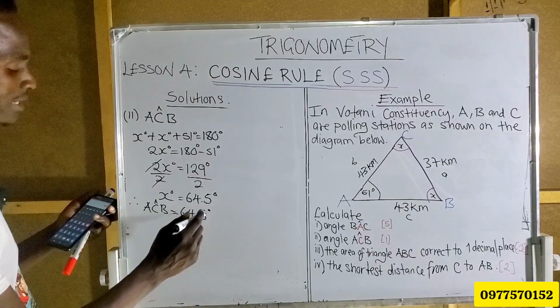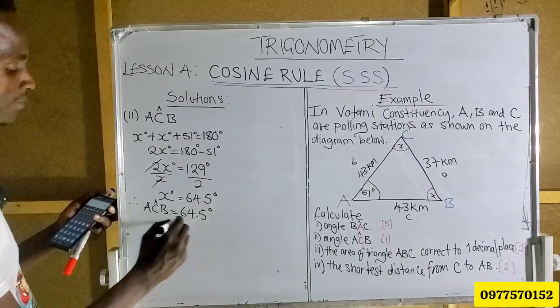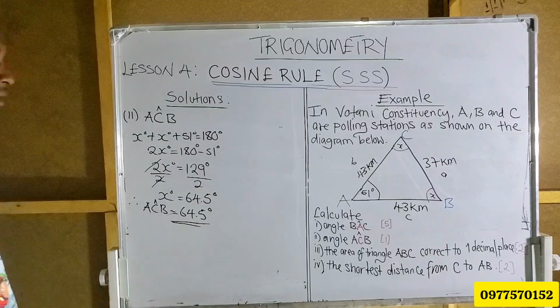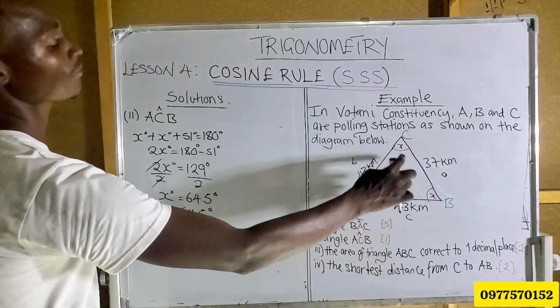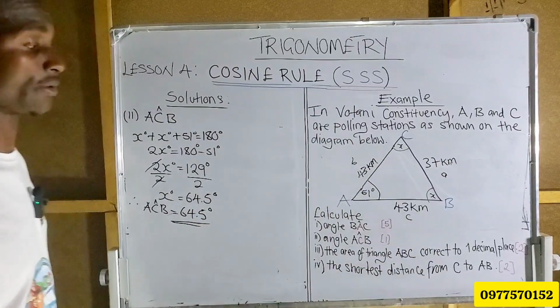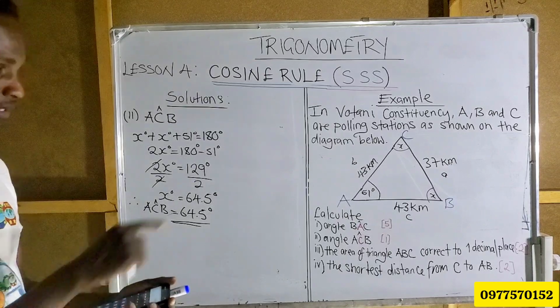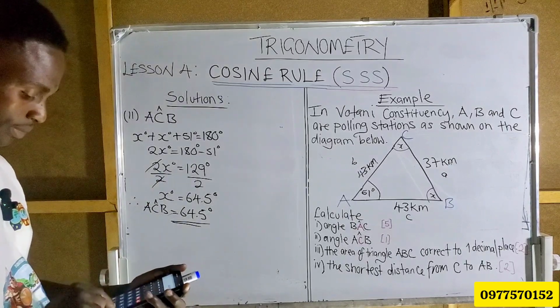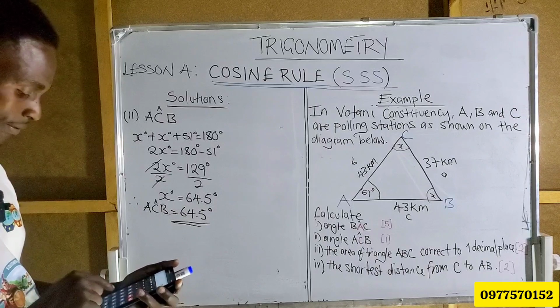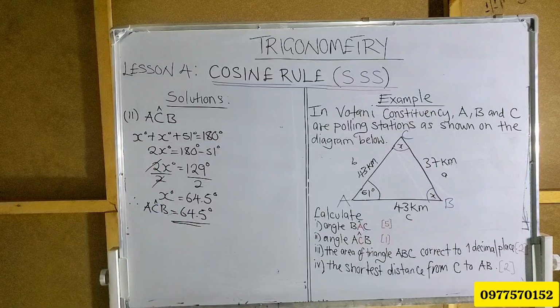It's already in one decimal place, so just leave it the way it is, 64.5. If here is 64.5, even here is 64.5. So you can just prove 64.5 times 2 plus 51 should give you 180. It's 180. So this is correct.